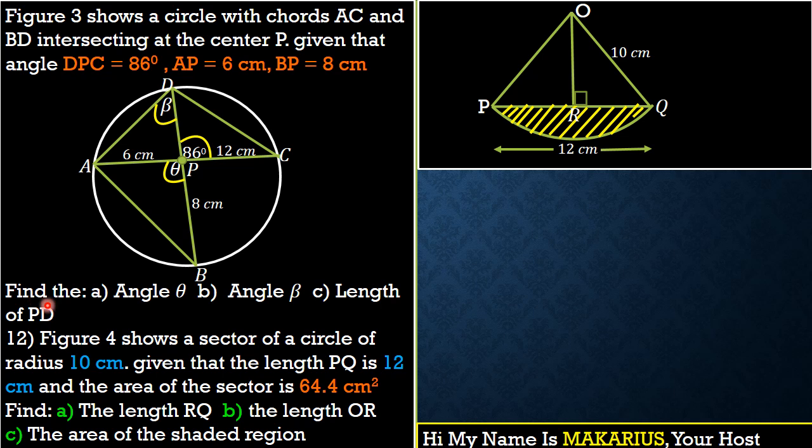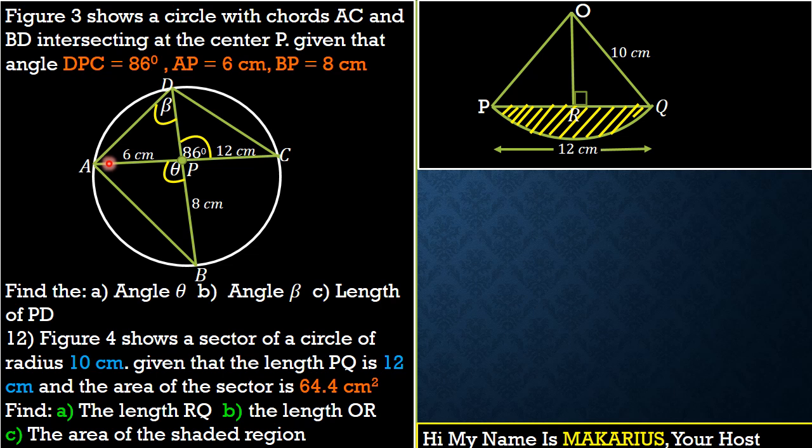So, guys, if you've been solving these questions well, you discover that there is a mistake with this particular section C. Because it told us that these two chords intersect at the center P, which means P has to be the center of this circle, but from the look of things, it cannot be the center.